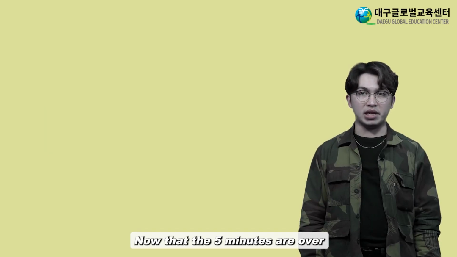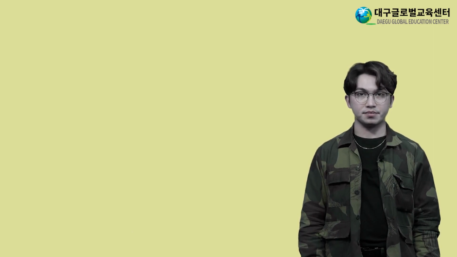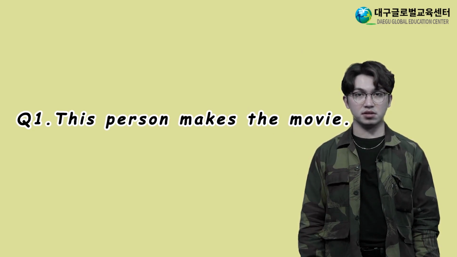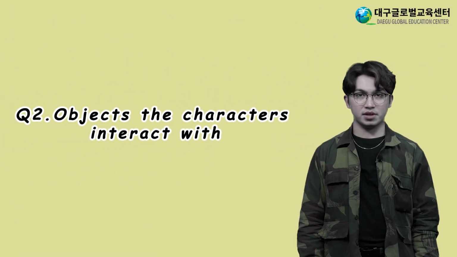Now that the 5 minutes are over, let's check our answers together. Number 1. This person makes the movie. This is the director. Number 2. The objects the characters will use or interact with.